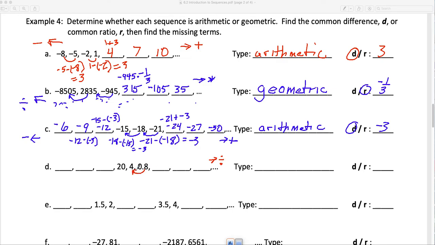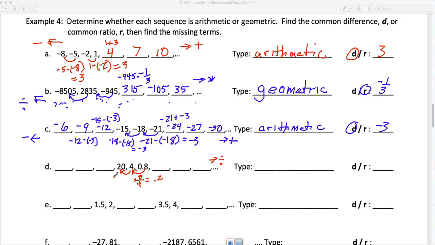So from here to here, I've got 0.8 divided by 4. And that is going to give me 0.2. And from here to here, if you want to keep it as fractions, you can, but at this point it might be easier to keep it. That's 2/10 or 1/5, which is, yeah, actually, I like 1/5 better, but we'll go with this.